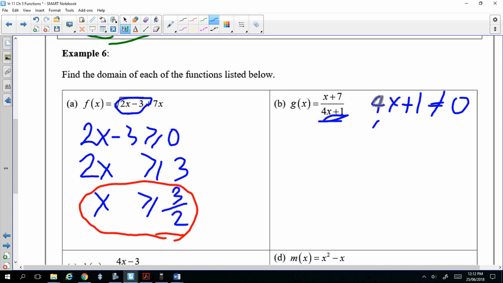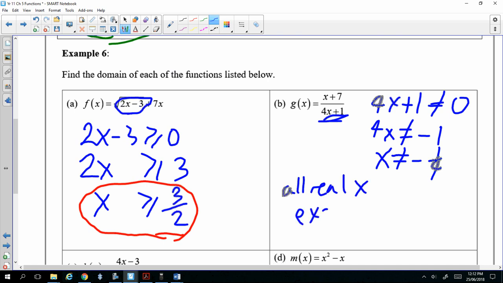So therefore, x cannot be negative a quarter. Your domain will be all real x except this number. You can substitute any numbers you like except negative a quarter. All right, that's good. See if you can work out the next one.